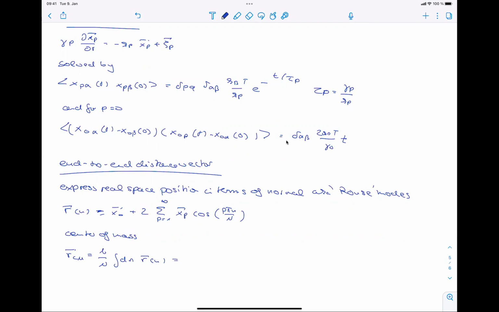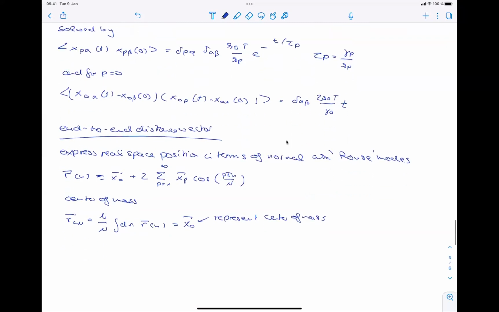And we see if we integrate over all of them, this becomes x naught. So the zero's normal mode represents the center of mass.